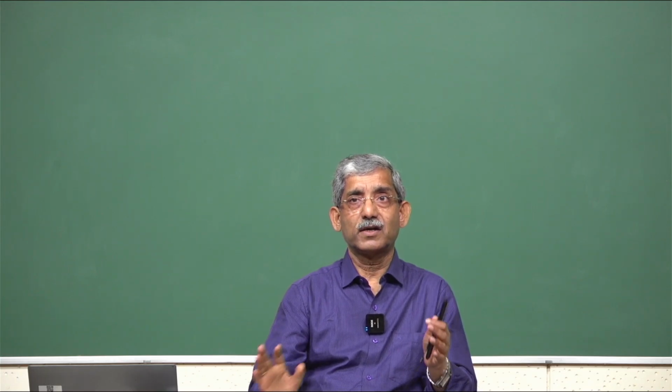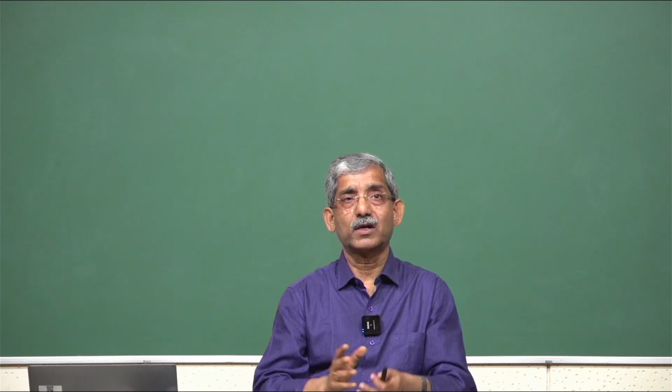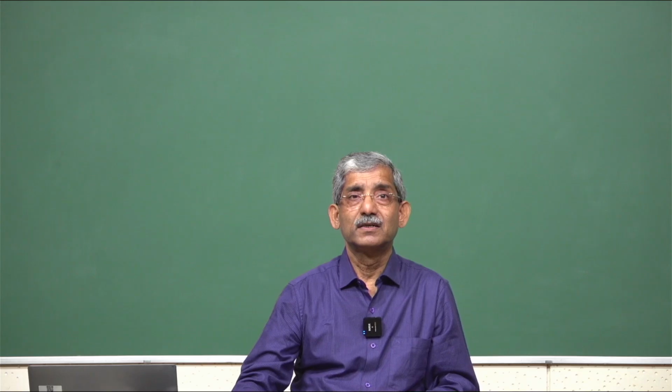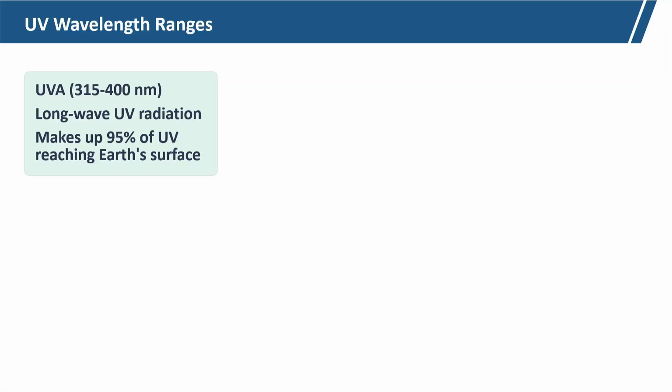Now, let us try to understand the UV ray. What are the different types of UV ray? What are their wavelengths? UVA is a long wavelength, 315 to 400 nanometers, and it makes up to 95% of UV reaching the earth's surface.